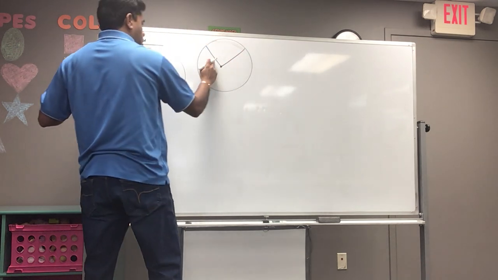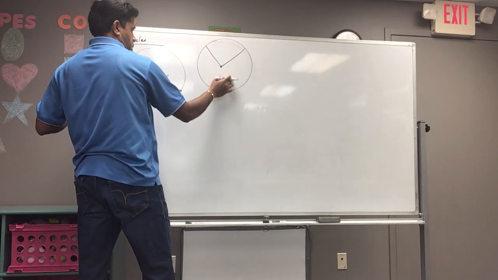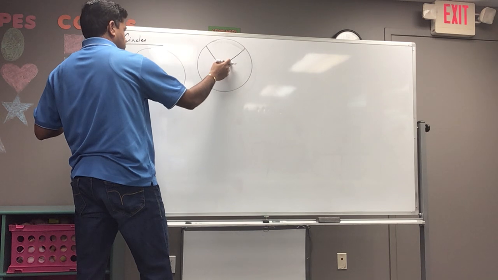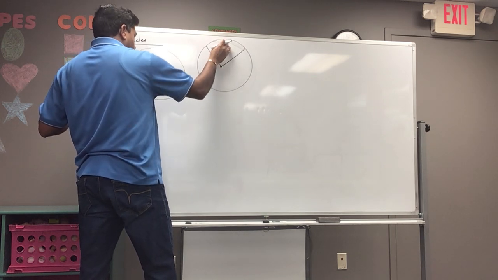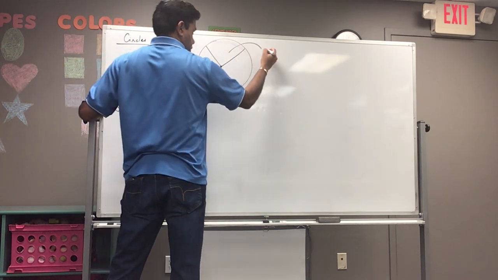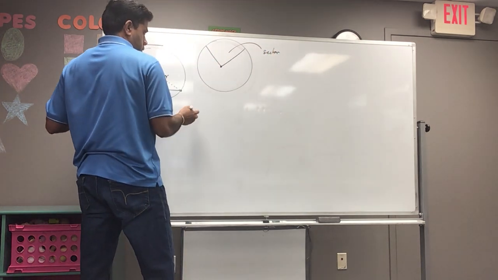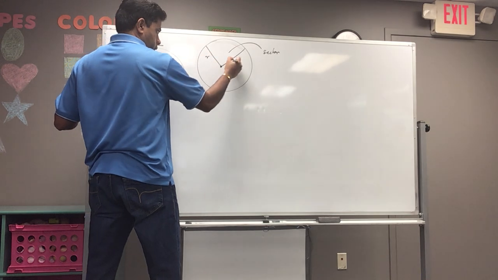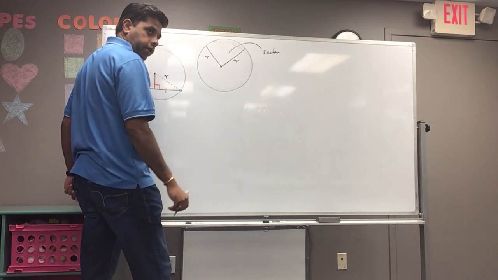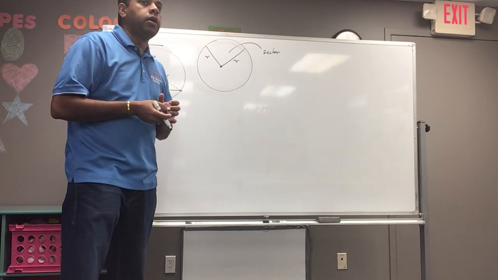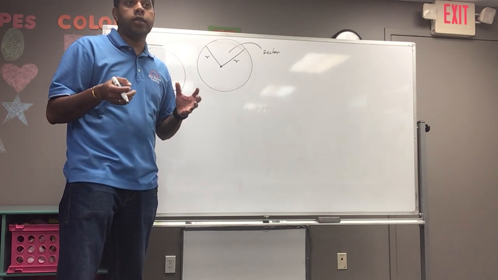What are these lines called? Simple. Sectors. This is called a sector. But what are these lines called? Radius, radius. So two radii form a sector.